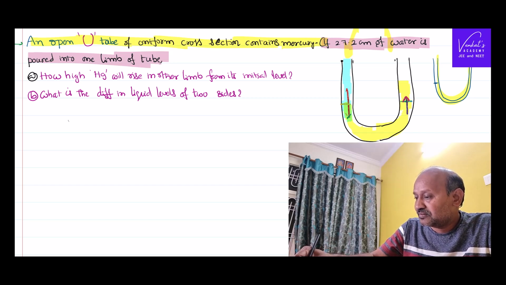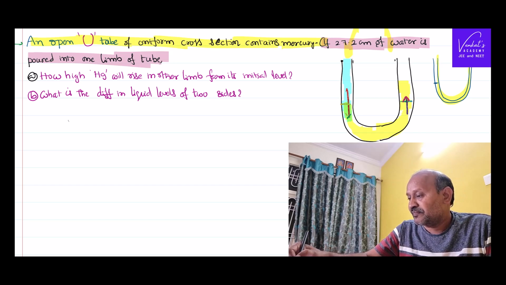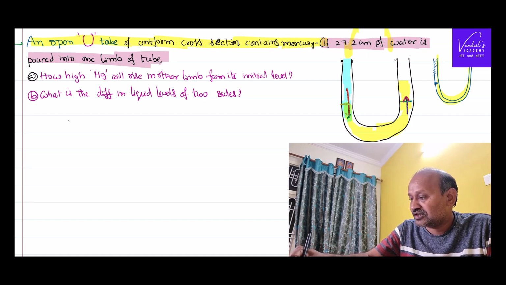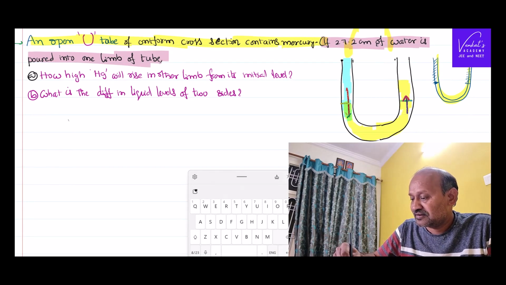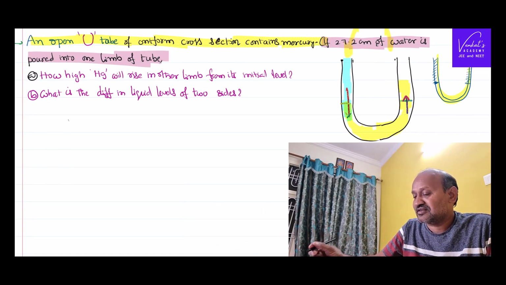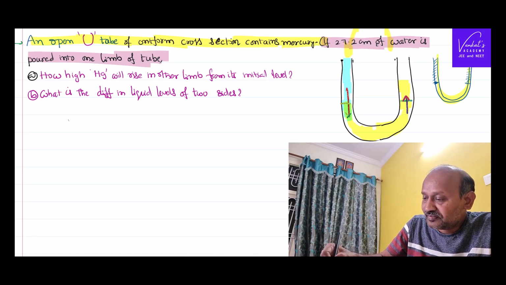Now the level in one side is occupied by water, and on the other side mercury rises. This is the initial level of the mercury here. It has gone down to this extent and this is being occupied by water.